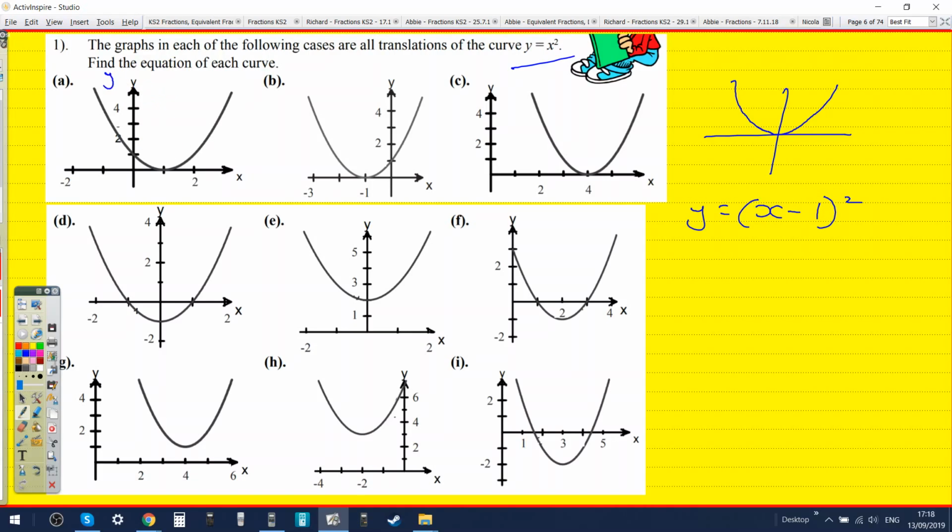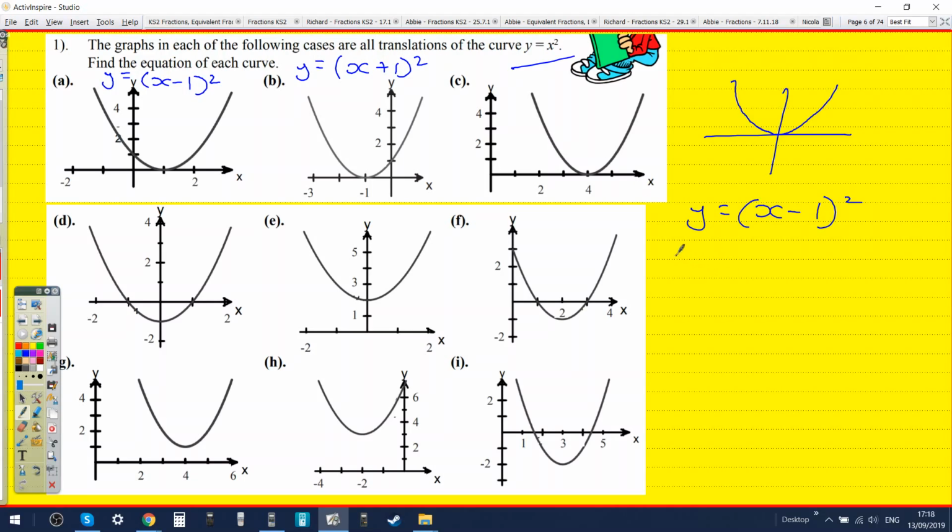So how about part B? This time it moved 1 to the left. X plus 1 squared. Well done.